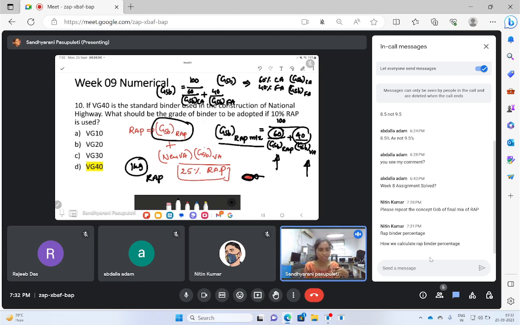I will mix this 1 kg of RAP with the solvent. Let us say trichloroethylene is the solvent. Why am I mixing with the solvent? I want to dissolve the bitumen from the surface of the aggregates so I can separate it. Now it is not just bitumen; it also has the solvent, trichloroethylene. So I will take that and recover, that means out of the solvent plus bitumen, I somehow remove the solvent. Whatever remains will be bitumen.